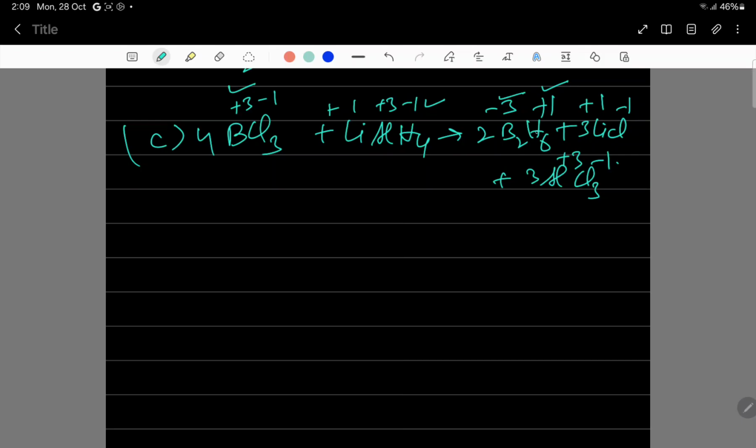Therefore BCl3 is reduced while aluminium hydride is oxidized.